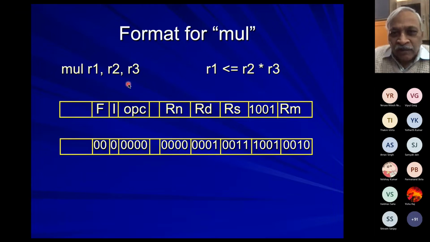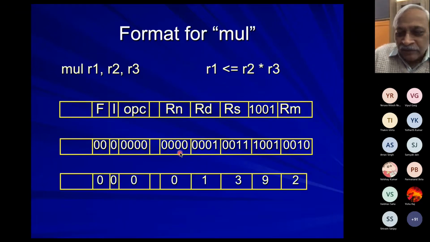RS is the second operand, which is R3, so use 0011 here. But there is a fourth register I have put here. It's not used for the multiply instruction, it is 0, but there is another instruction, multiply accumulate, where this is used.